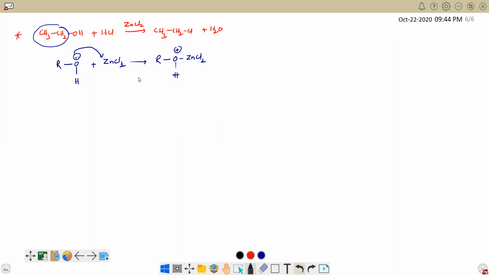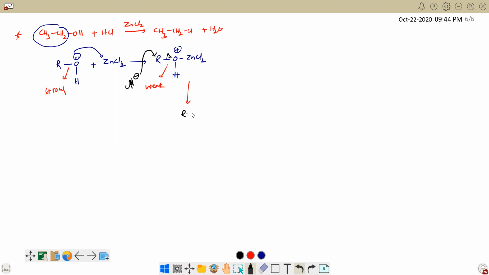So with ZnCl2, what happens in this case? Now in this complex, this bond becomes weak, and this bond is strong. Why is it weak? Because the oxygen is carrying a positive charge. So suppose Cl minus comes and attacks, this bond shifts here.